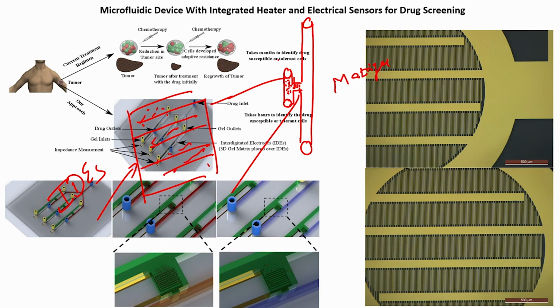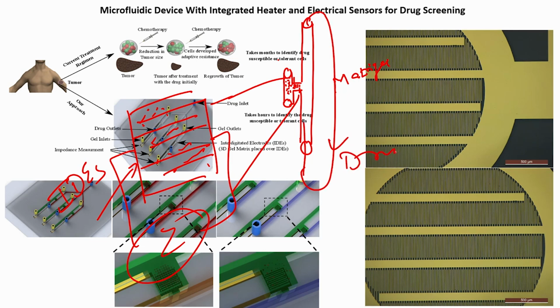If I have cells with the Matrigel on these interdigitated electrodes, I can measure impedance, called Z, and in this channel we can flow drug with media continuously. Drug with media is as if you are giving a drug to the blood and blood flows through the channel. Now, let us understand how this works.